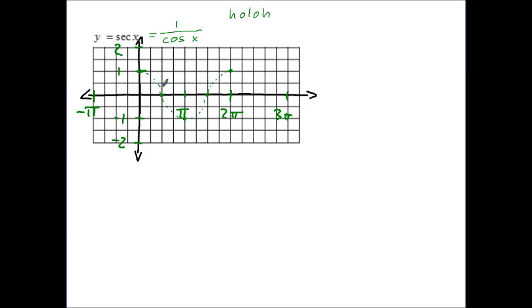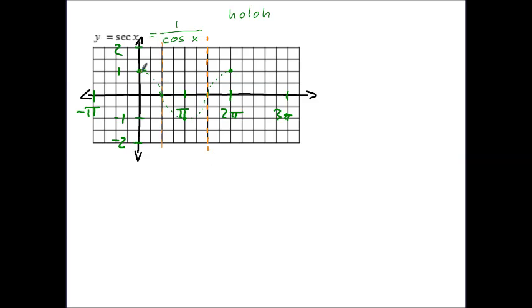This is only to help us for our secant. And now let's look at our 5 critical values, similarly to what we did before, and think about what that means for our secant function. The cosine also has values where it reaches 0, and again, if we take 1 over that value, 1 over 0, we get an undefined value, so we will also have some asymptotes here, and these asymptotes will appear every time the cosine function is 0, and they will repeat periodically and will be pi units apart.